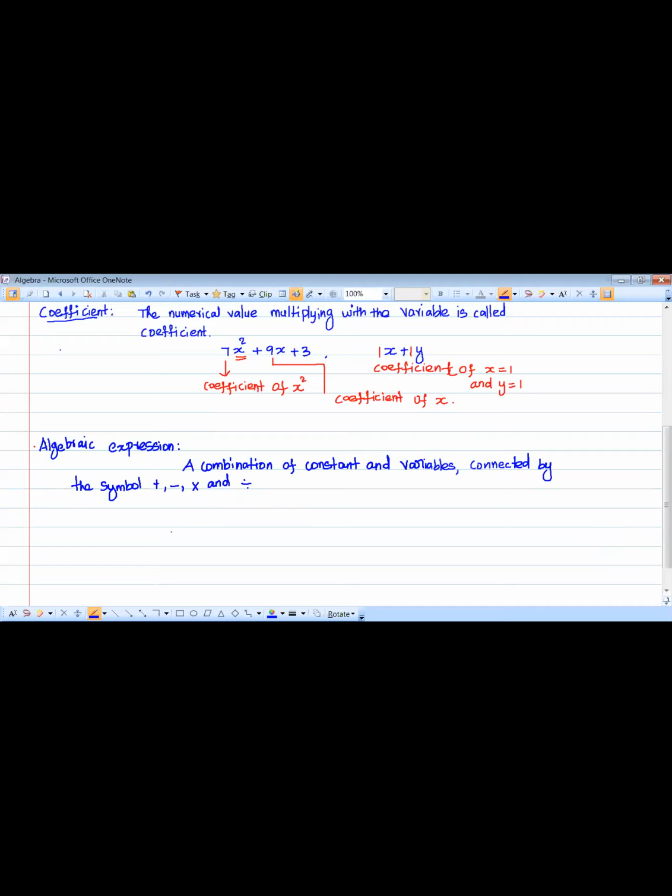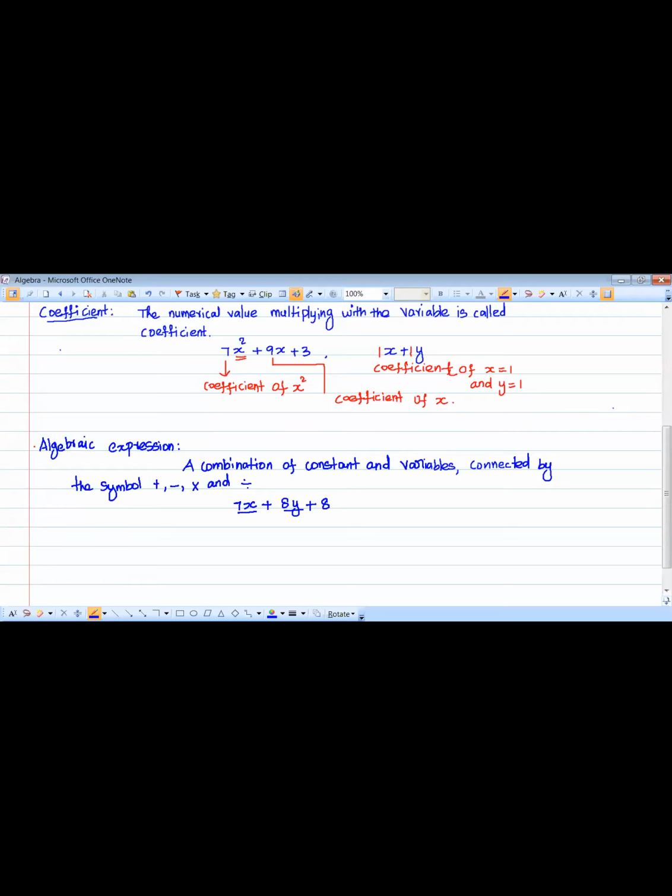So very simple. 7x plus 8y. See here, this is a separate combination of constant and variable, and this is a separate combination of constant and variables. And here I can say one more constant alone, plus 8.